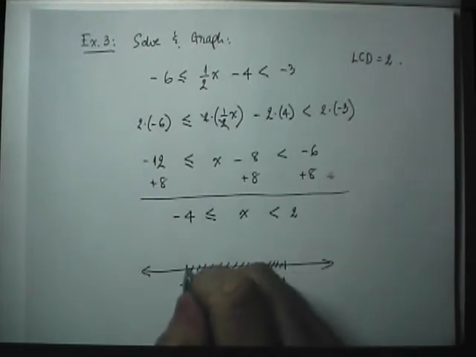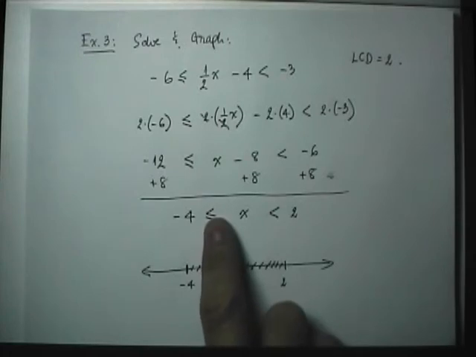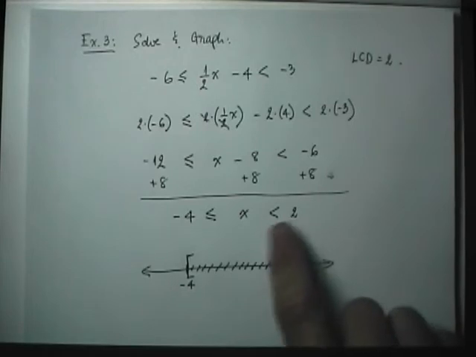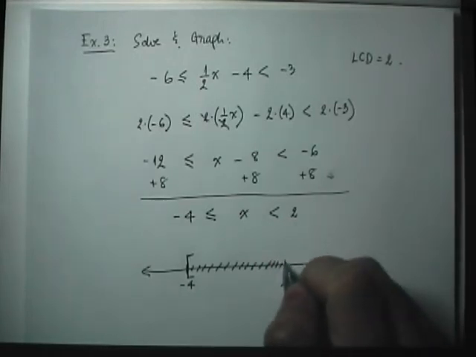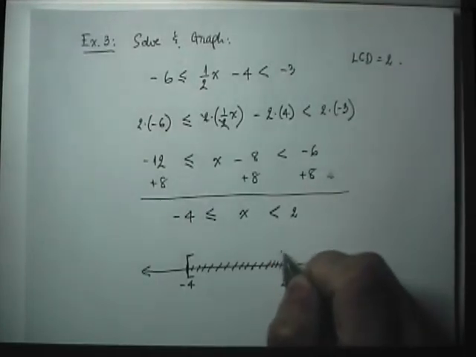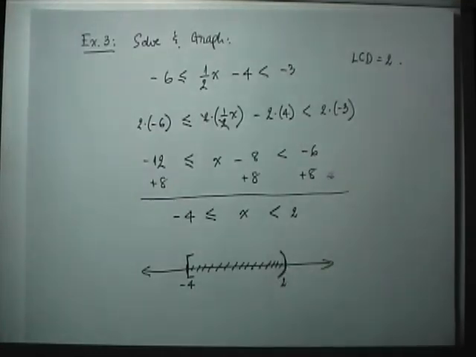Now, how about the left end, the lower end? Do I want to include negative 4? The final inequality comes with the equal sign on the side of negative 4, so it comes with a bracket. Now, the inequality on the 2 side is without the equal sign, so I need a parenthesis here. So that's how I draw my graph.